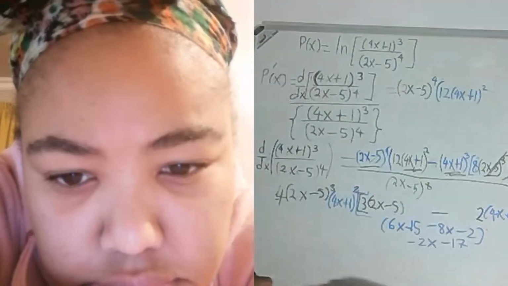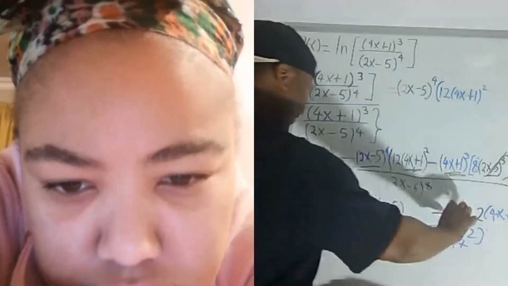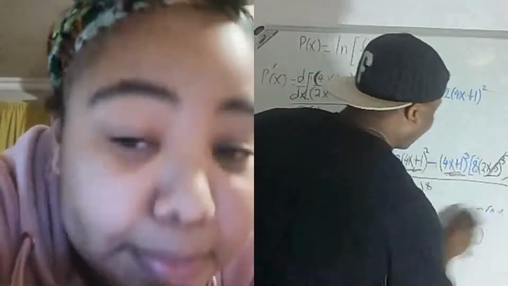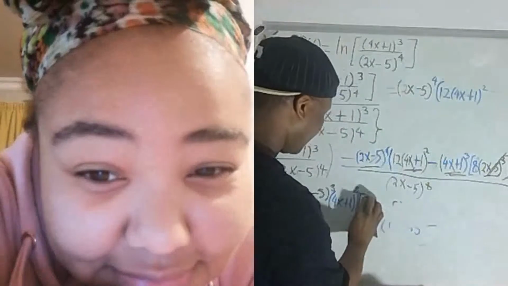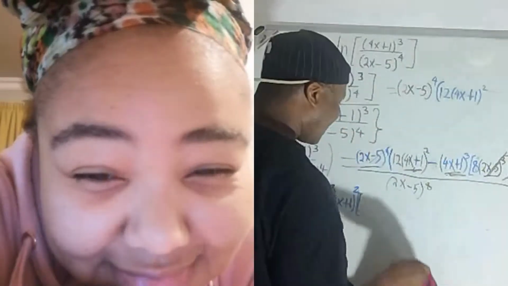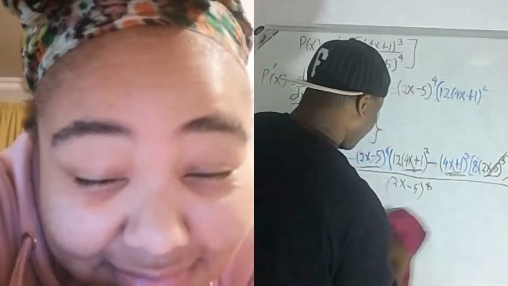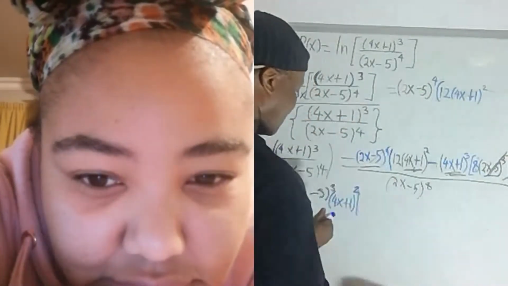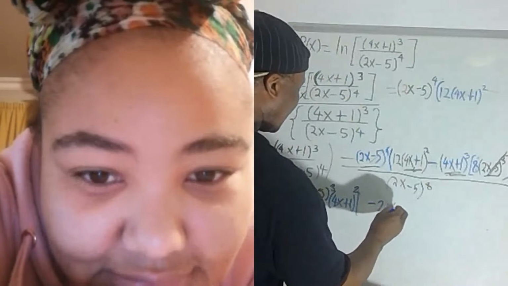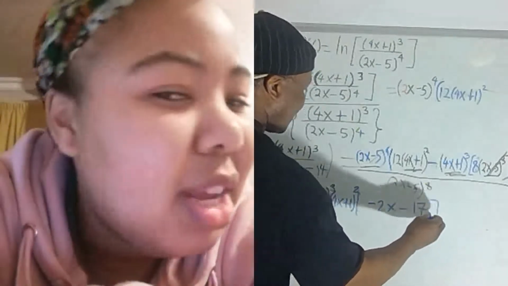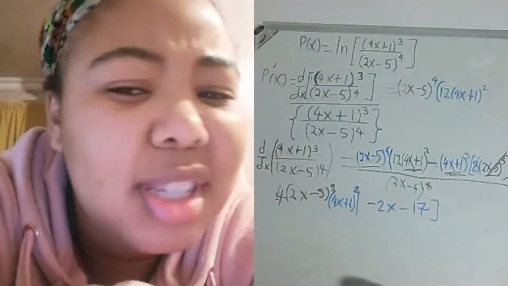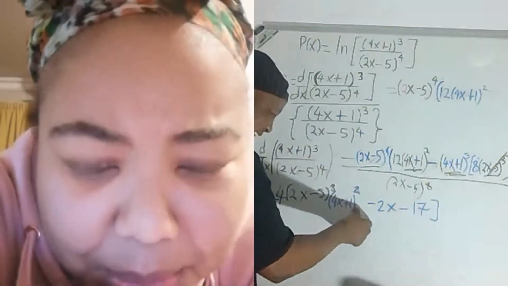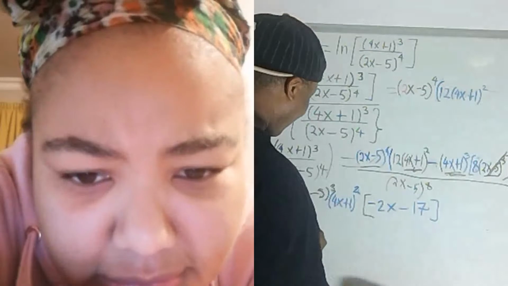So I'm going to erase that and write negative 2x, negative 17. They mustn't mix the coefficient and the quotient. It's a disaster. Okay, so this is what we have now.